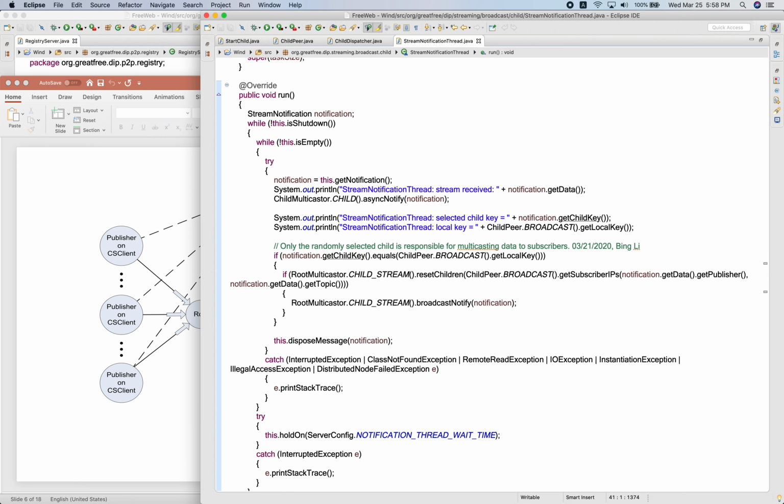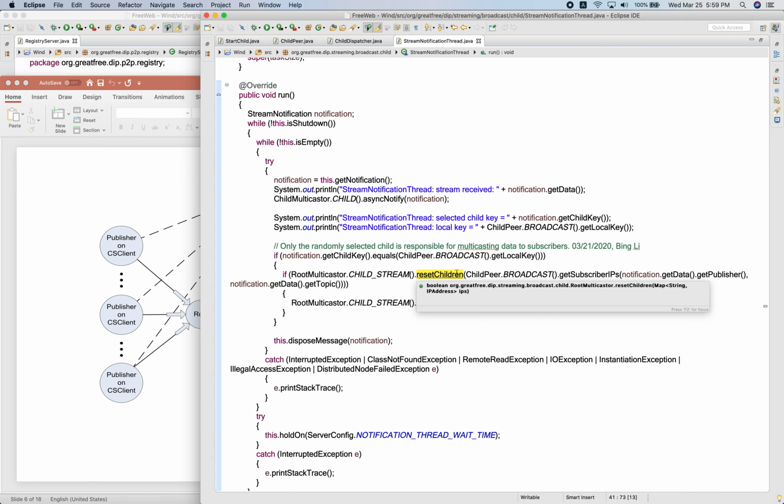If so, that will be important. If so, it will reset the children. This is the selected child, right? If this condition is fulfilled, that means this local child is selected for broadcasting for the subscribers.